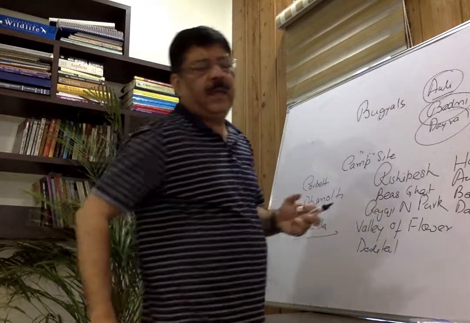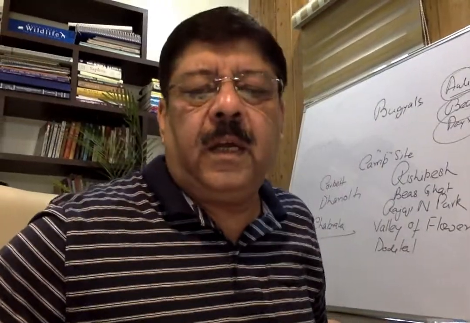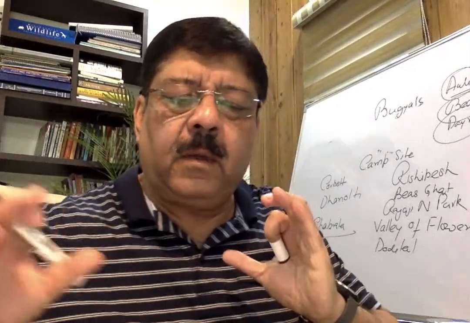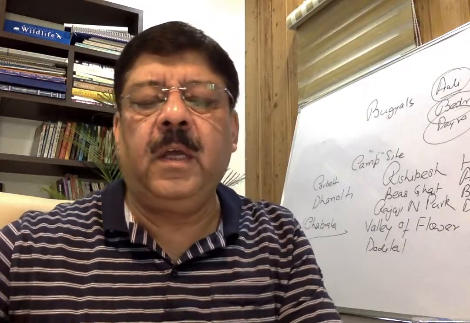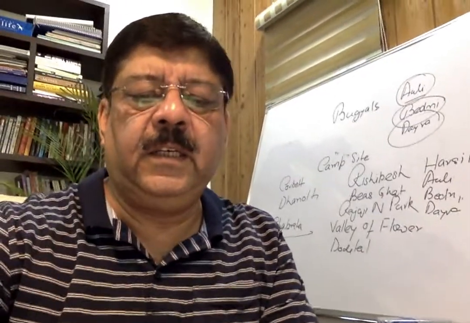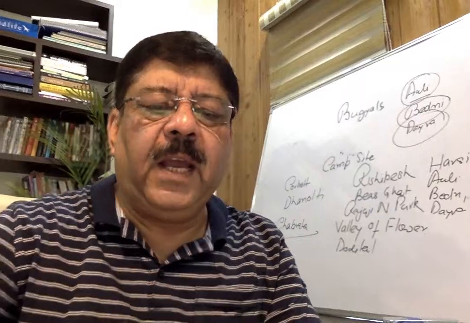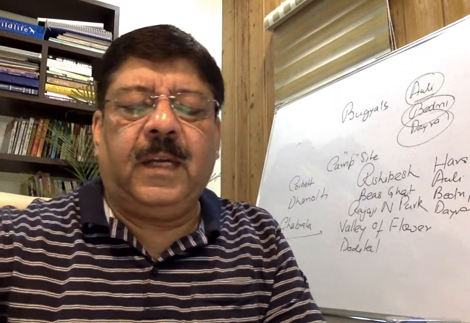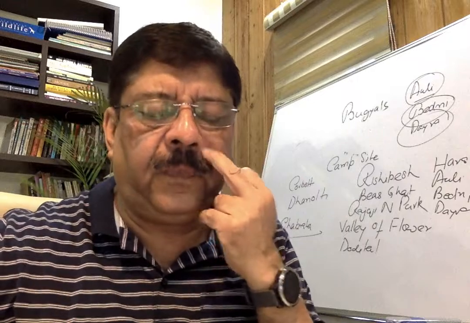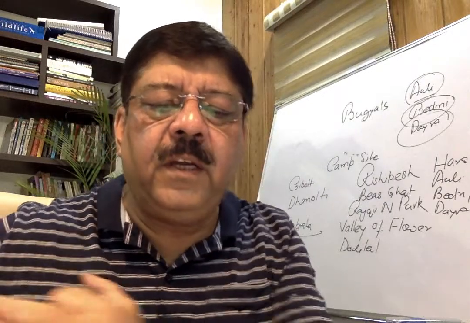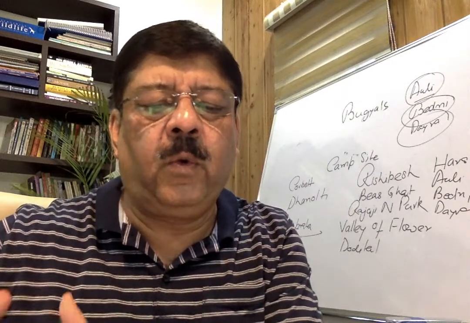There are so many. It's very rich in tourist spots, one of the most rich tourist regions of India as far as numbers are concerned. A very interesting thing is that it is very near you. You can go by road in a day.